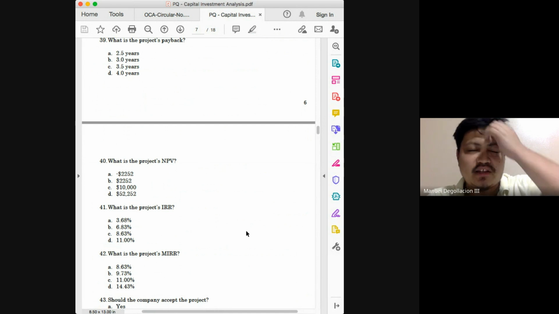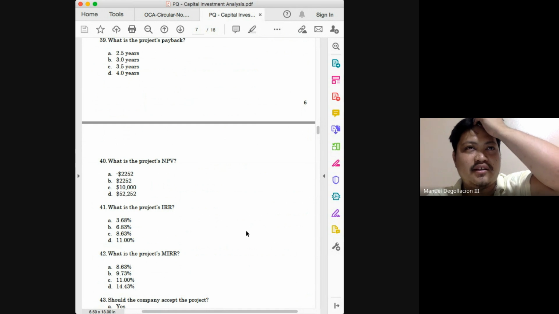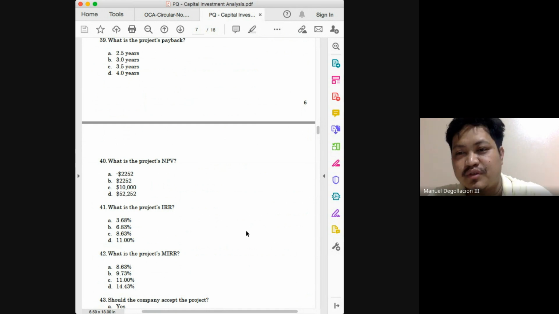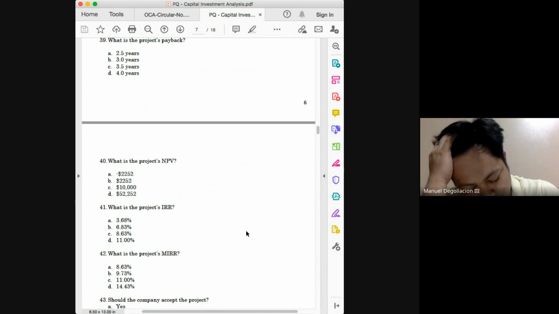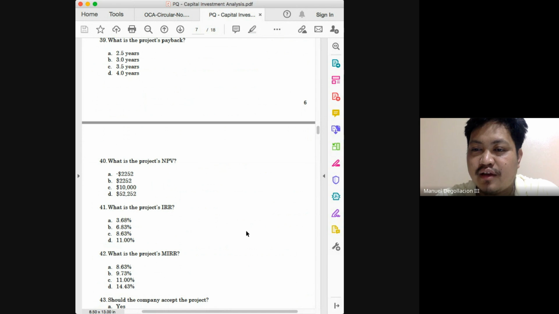Okay. So again, the challenge in MIRR is that the scenario here is you have a lot of cash flows and you even have multiple outflows. So to simplify that, you get the present value of your outflows, then you bring forward to the end of the project all your inflows.